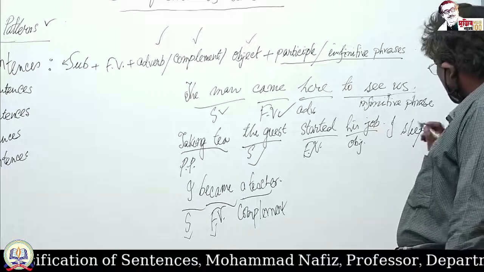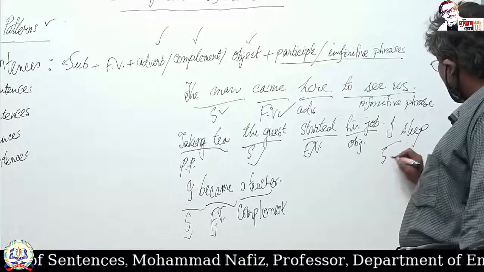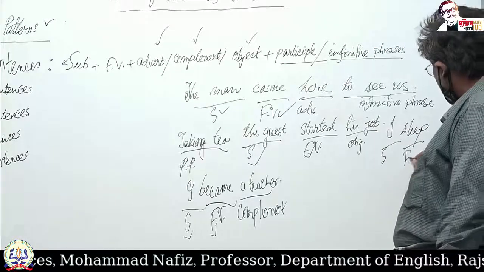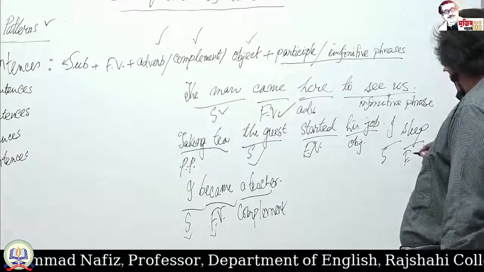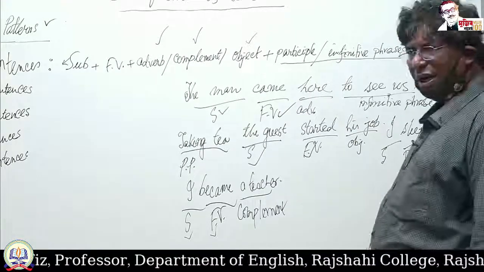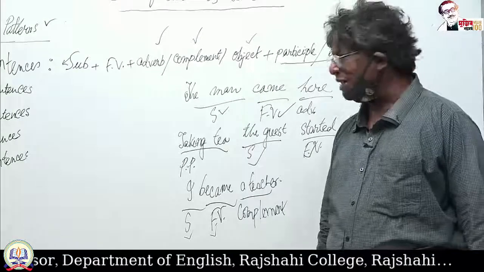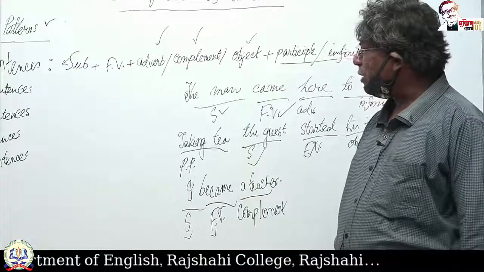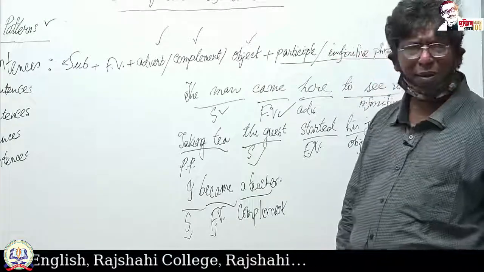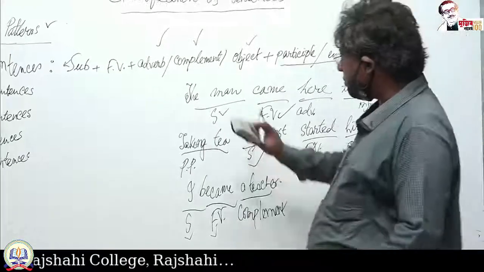Here we have only the subject and the finite verb. Thus, in each and every assertive sentence, the presence of subject and finite verb is mandatory.